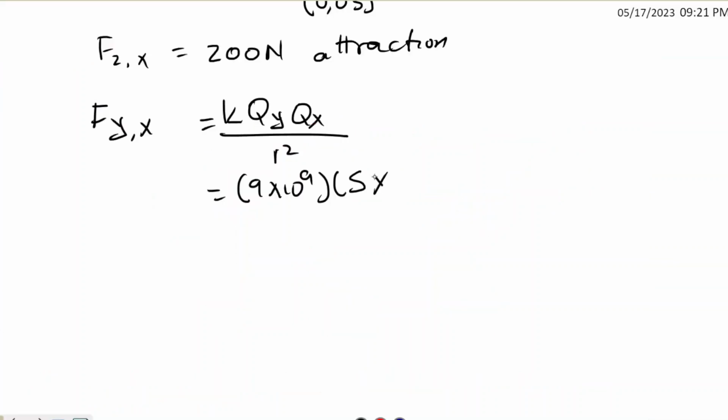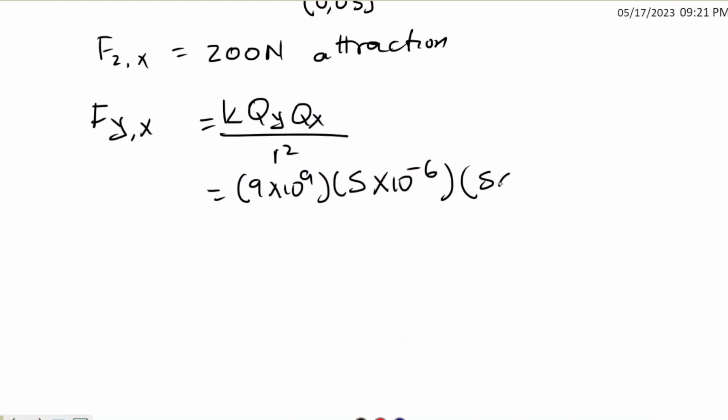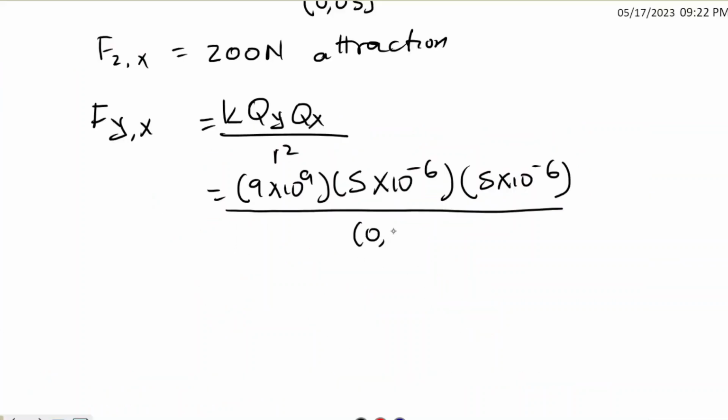You don't put the negative, just say 5 microcoulombs. Then X is also 5 microcoulombs. Then the distance between the two is 0.04, so we have 0.04 squared.